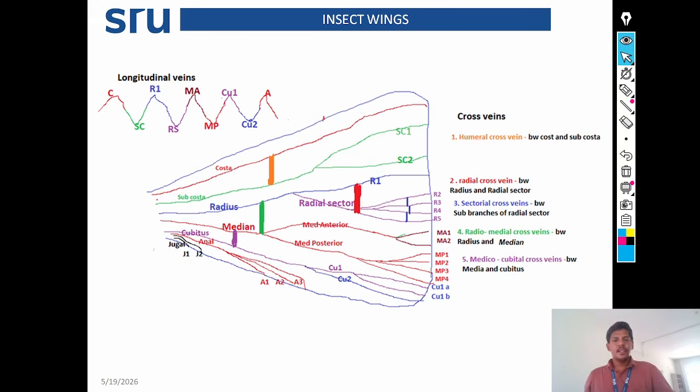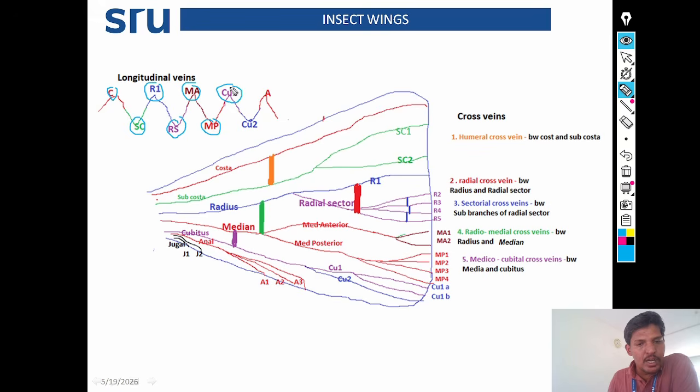See here clearly, longitudinal veins, that is costa, subcosta, radius 1, radial sector, median anterior, median posterior, cubitus 1 and cubitus 2, and anal margin.